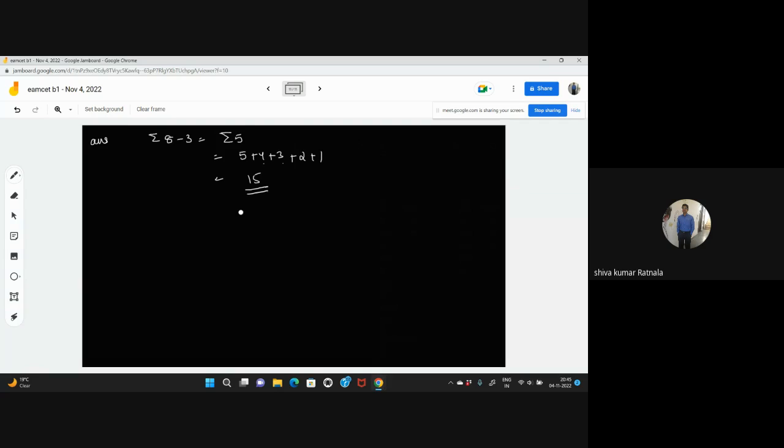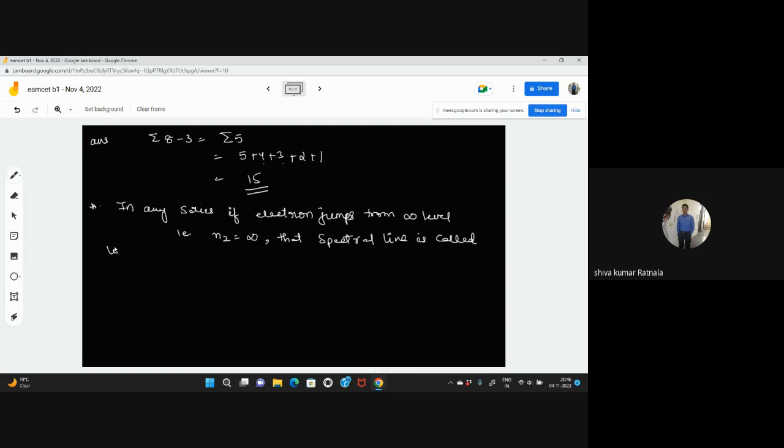Okay, now students. Next one. See, in any series, if an electron jumps from the infinite level, that means n2 equal to infinite, that spectral line is called the limiting line.